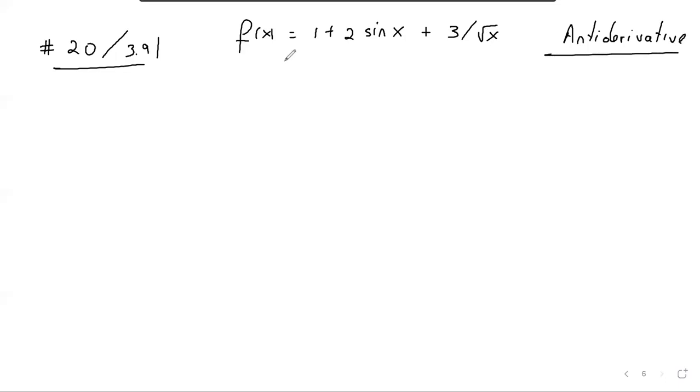But before I do it, again, I need to write something nice here. So 1 and 2 sine x are fine, functions that I am familiar with, but 3 over square root of x, not good. So I'm going to write instead of that 3x to the negative 1/2. And right now I am fine.